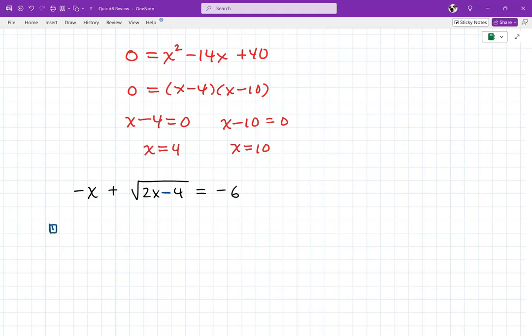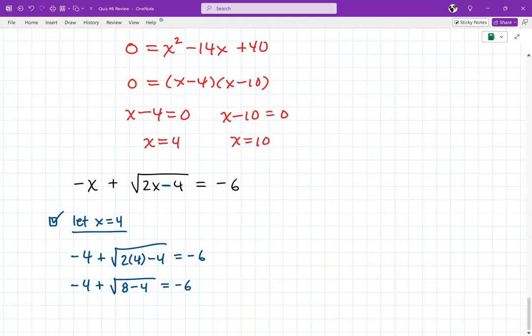So here's my check step. Let x equal 4. I'm going to start with 4, okay? So negative 4 plus the square root of 2 times 4 minus 4 equal to negative 6. So negative 4 plus the square root of 8 minus 4 equals negative 6.